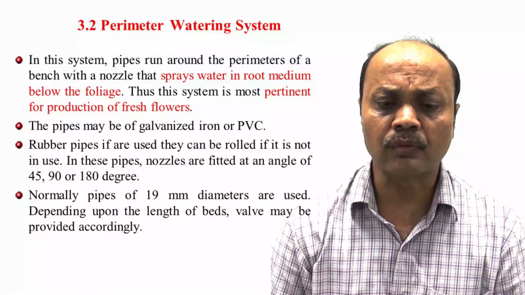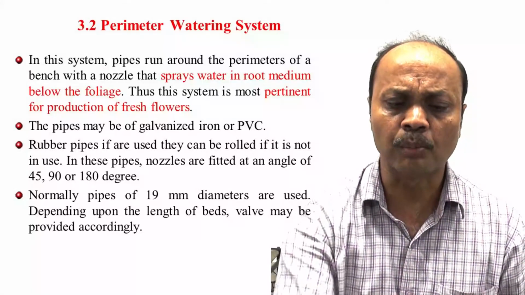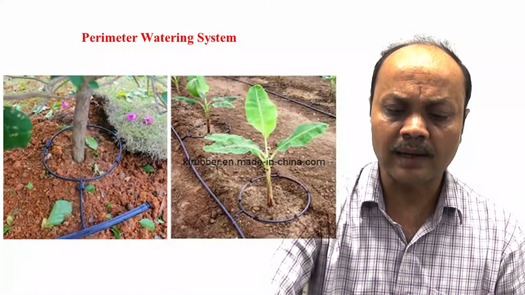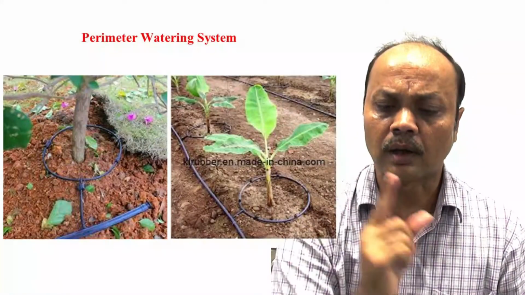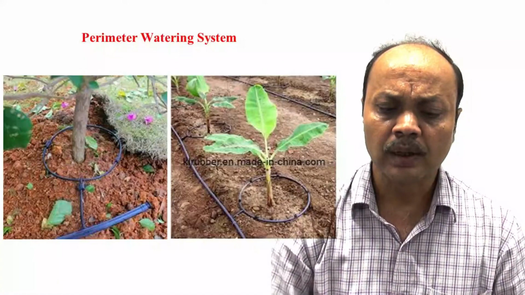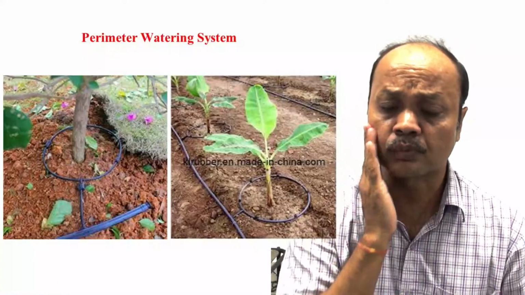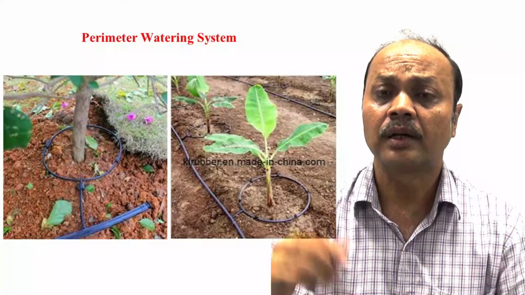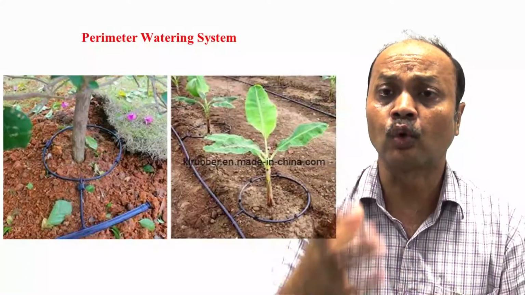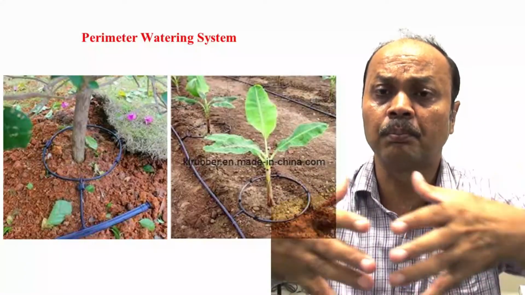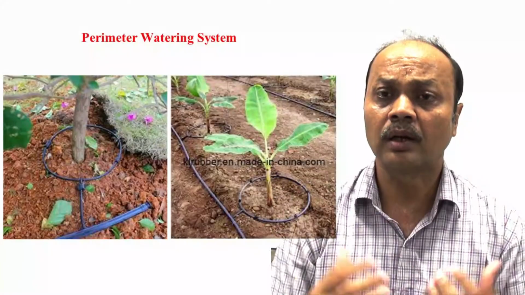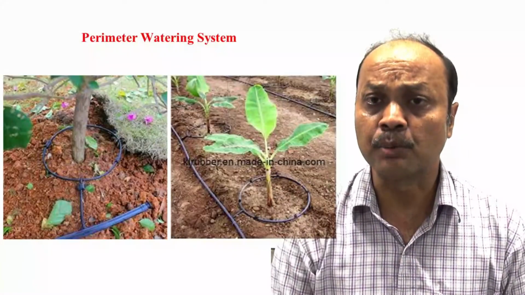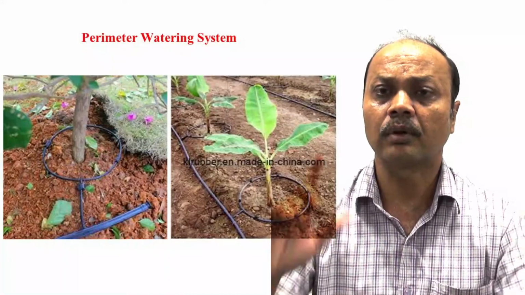And then the perimeter watering system is there. This is a very common one, normally for fruit crops, with a lateral through that. Perimeter means around the circle, and the online dripper is normally used for this type of system. Like the check basin you normally see at the root, because a tree has a larger area of root development, not like tomato and other vegetable crops.